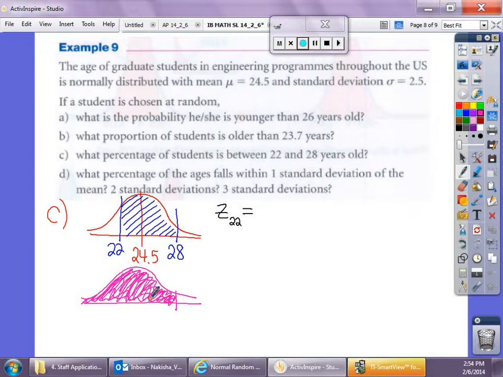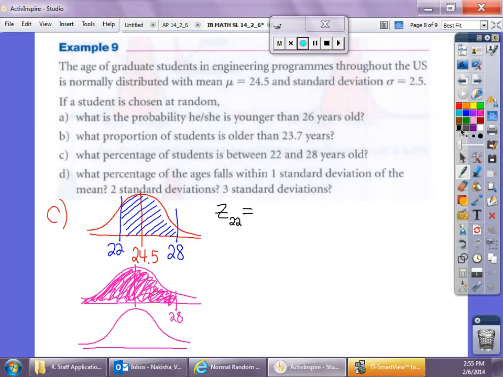Now 22 is interesting. 22 is negative. That's 28. So 22 is negative, and it won't allow me to use negative z-scores in the table. So symmetrically, 22 on the left, we're going to end up having to use a z-score that's positive.